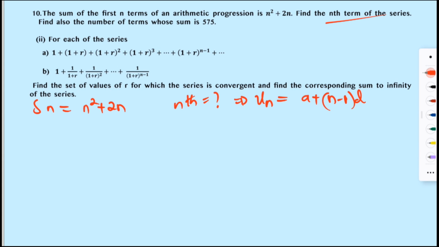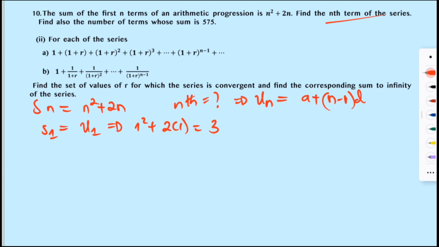So now let's go ahead and find the sum of the first 1 to 3 terms. The sum of the first term is just the single term, so that is the same as the actual first term. This is when n is 1, so that will be 1 squared plus 2 times 1, which is 1 plus 2, which is 3.